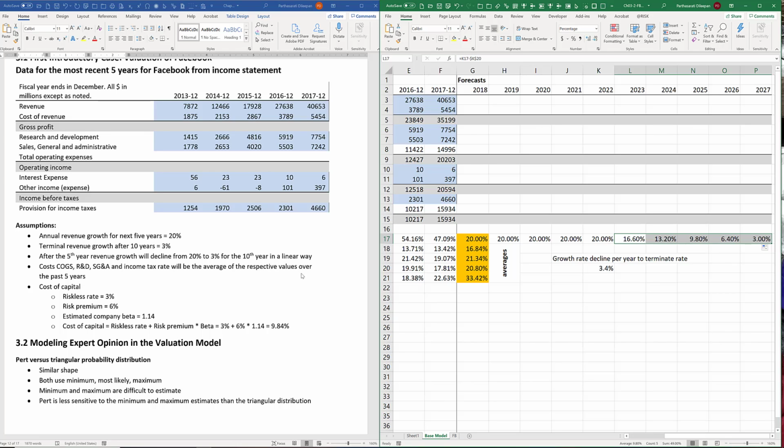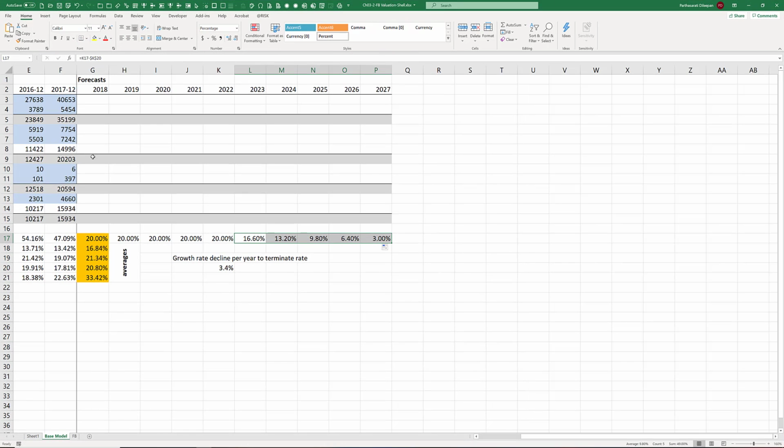Okay, and that's it. With that, we should be able to compute the net income, and then we look at the assumptions about cost of capital in just a minute. But let's go ahead and set this up.